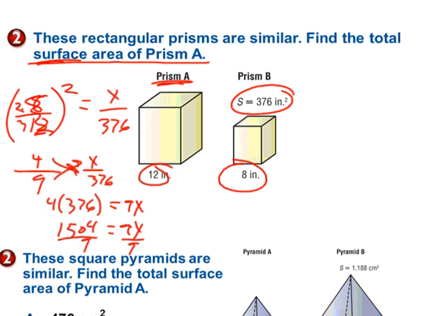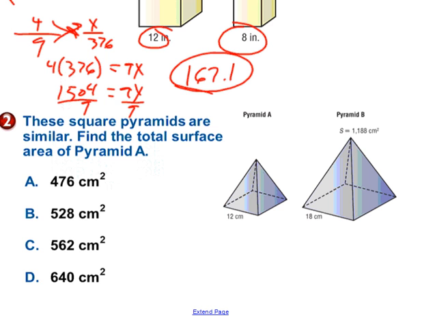And I'll do that again on my calculator. And I get 167.1. So the area of prism A is 167.1. Well, let's try it again here. You do this one, and we'll compare our answers. So stop the video and come back when you get it completed.